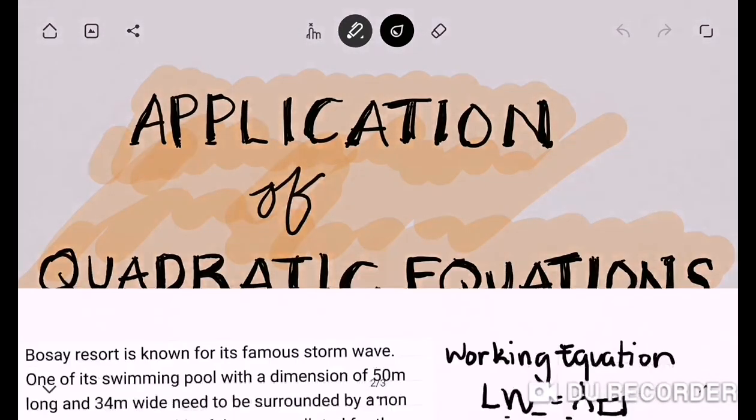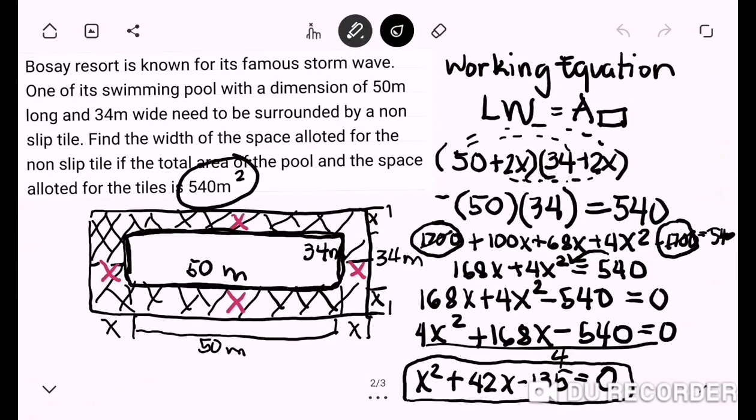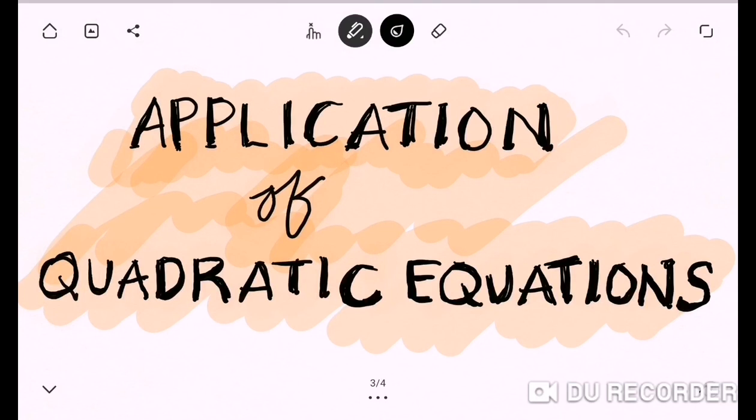Okay, so tandaan natin, ano? So we have x squared plus 42x minus 135 equals 0. So in this case, sulat natin. So we have x squared plus 42x minus 135 equals 0.